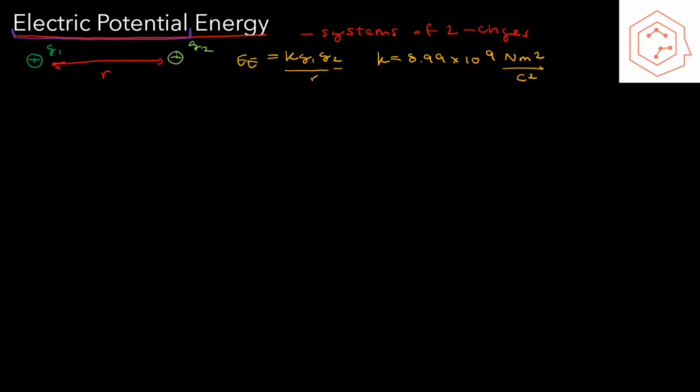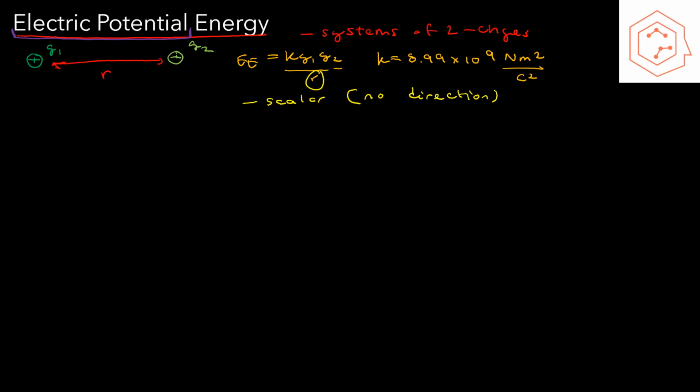Now for this electrical potential energy, you'll notice it's very similar to the force equation, except now we're dividing by R instead of R squared. And the second difference is that this is a scalar quantity. Scalar, so there's no direction.